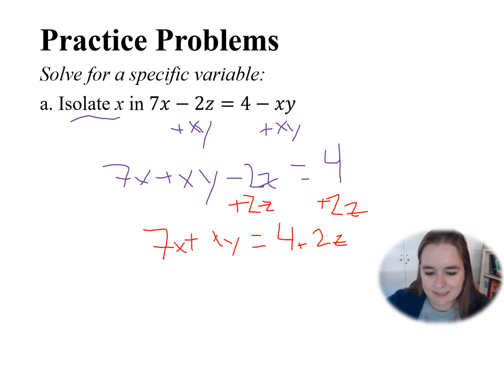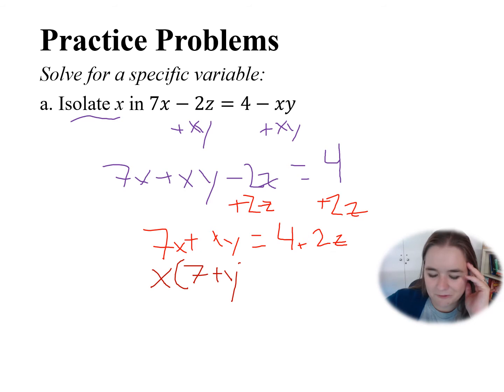Right now I see that it's tied up both with my 7 and with my y. So what I need to do is I need to factor out that x. X times 7 plus x times y. Well, that's the same thing as pulling out x times 7 plus y. We're undoing the distributive property here. We're factoring out x from each of those terms.